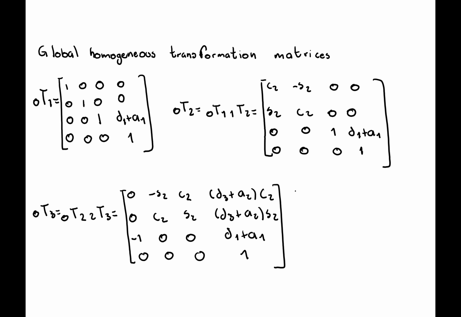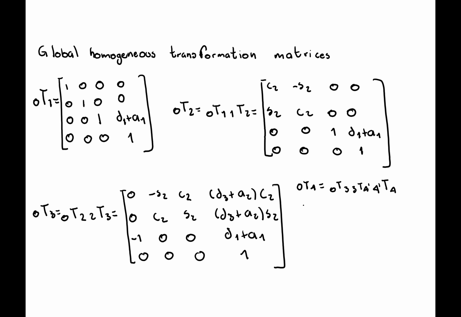So we all know that 0t4 is just the multiplication of 0t3 times 3t4 prime. I should have called the other one the name that I gave it, just to make the inner sub-indices match. It's like this, okay?